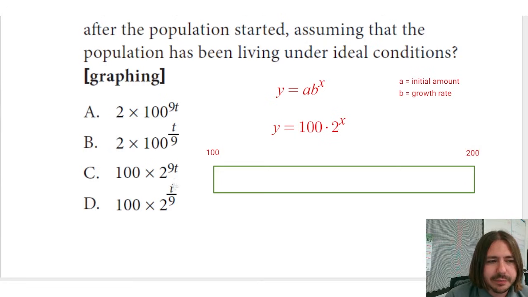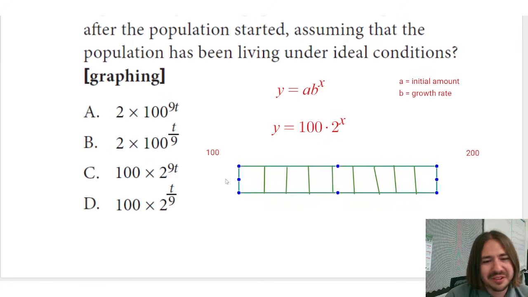So if I split this up, here's after year 1, year 2, 3, 4, 5, 6, 7, year 8, and this year 9. I didn't really space this out very well, but there you go. What I'll do here is just make this a little smaller, so it at least looks a little better.